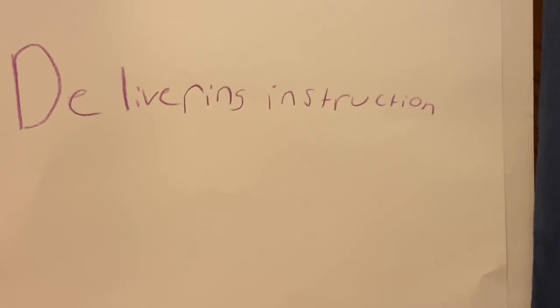And you also need to create a sufficient amount of opportunities for student response. You need to ask questions, and you need to make sure that the students know the information. So you need to make sure that the students have a response that is in tune with what you're teaching.